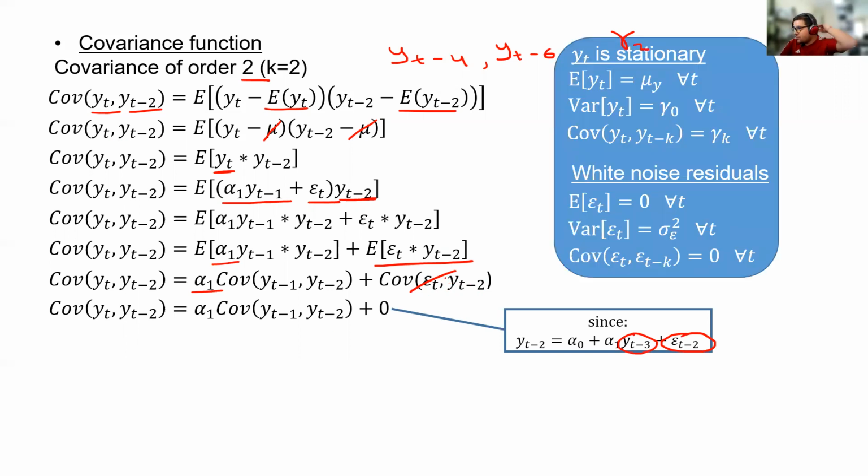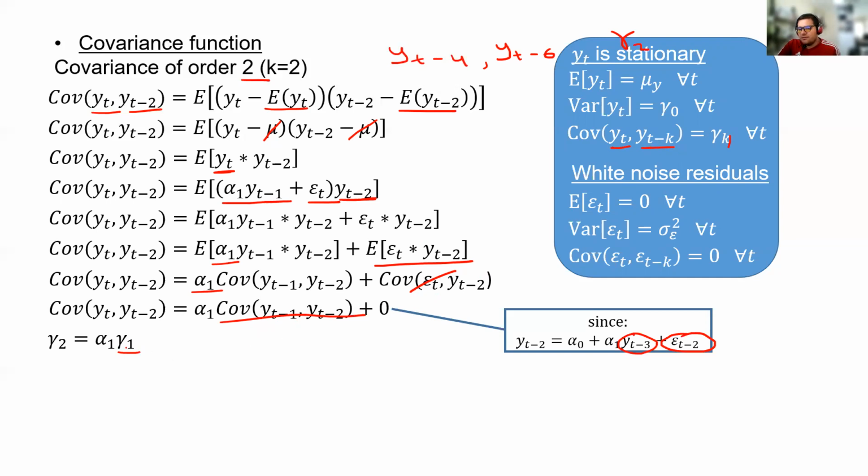And from the assumptions, you probably remember that the covariance of y's at different points in time is equal to a gamma depending on how far apart they are. In this case, they are 1 lag apart. Therefore, this covariance will be equal to gamma 1, which is what we have here, right?